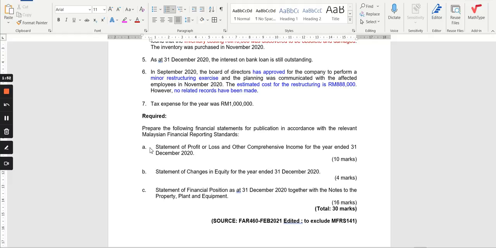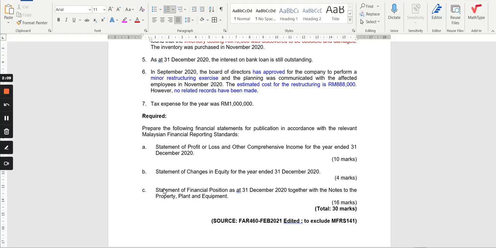We have these requirements, which are to prepare the statement of profit or loss and other comprehensive income, that is for 10 marks, the statement of changes in equity for 4 marks, and the statement of financial position together with the notes to the property, plant and equipment, that one is for 16 marks.